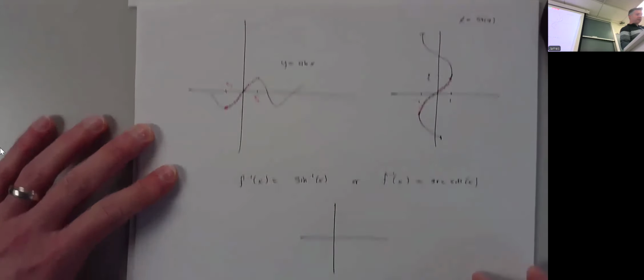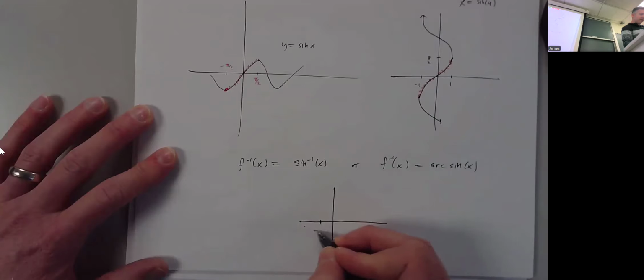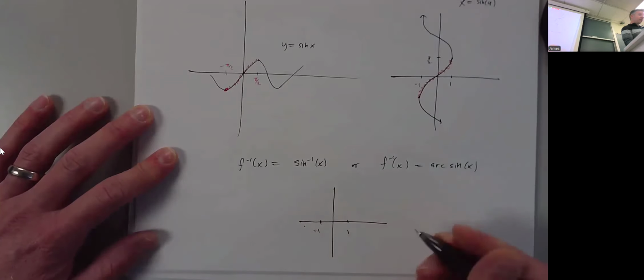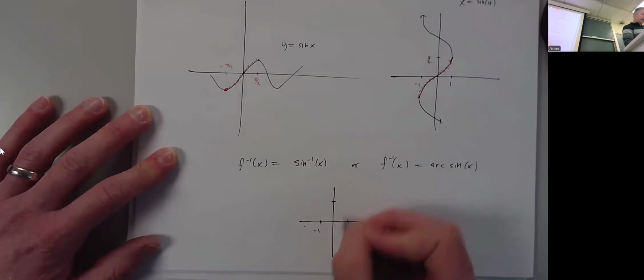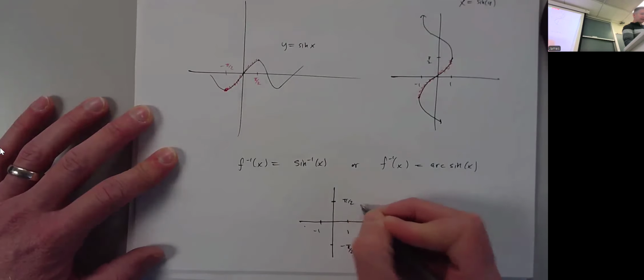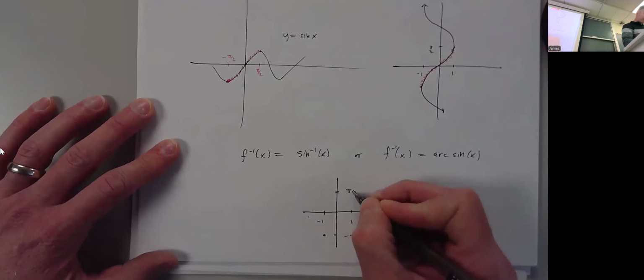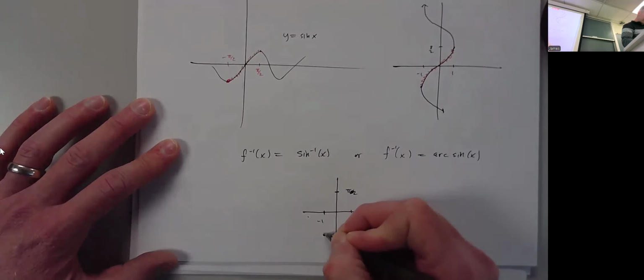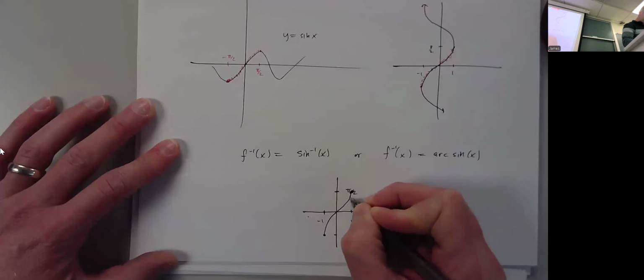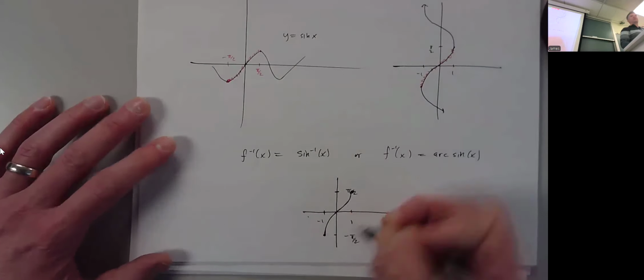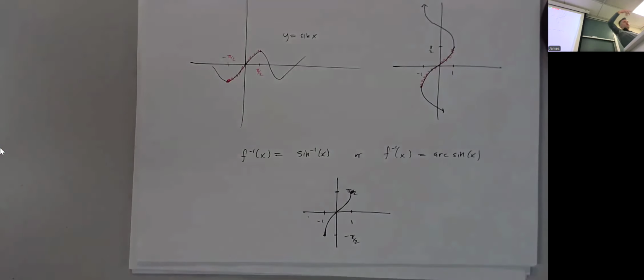It's got a very limited domain from -1 to 1. It's got a very limited range from -π/2 to π/2. And I wrote that π/2 in the exact wrong spot. Sorry. It looks like just a little portion of the sine graph flipped along the line y equals x.